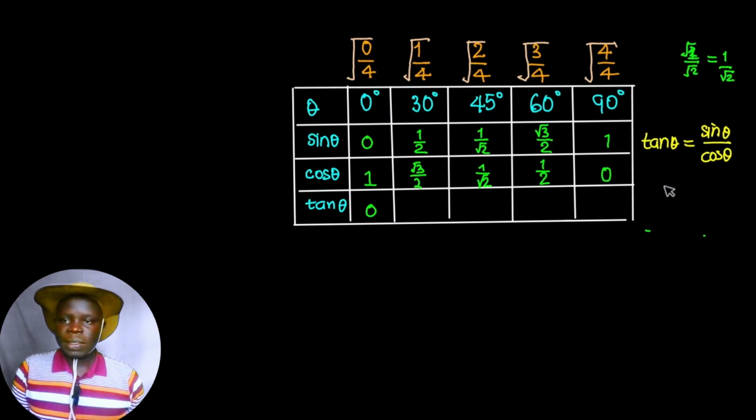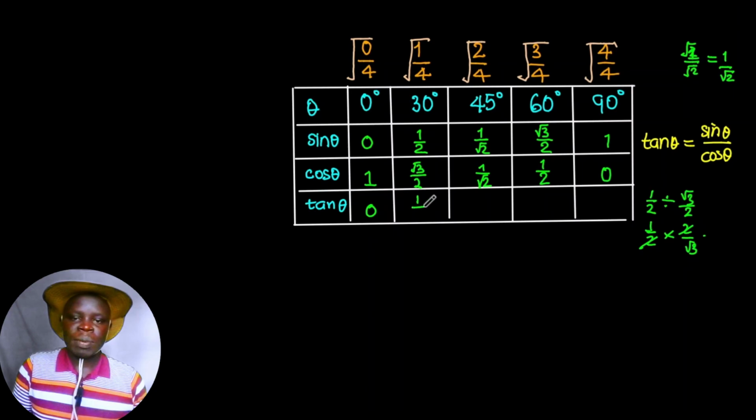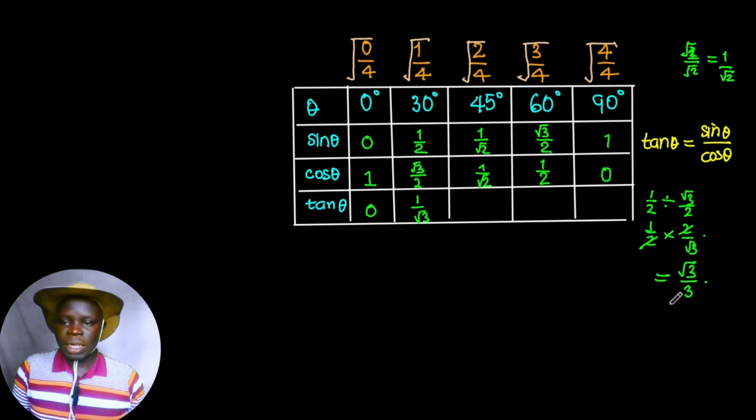Next, 1/2 divided by root 3 over 2. Changing the division sign to multiplication, we interchange the numerator and denominator of the second fraction. So this becomes 1 over root 3. Remember, when you check with the calculator, you get root 3 over 3. And that is the result.